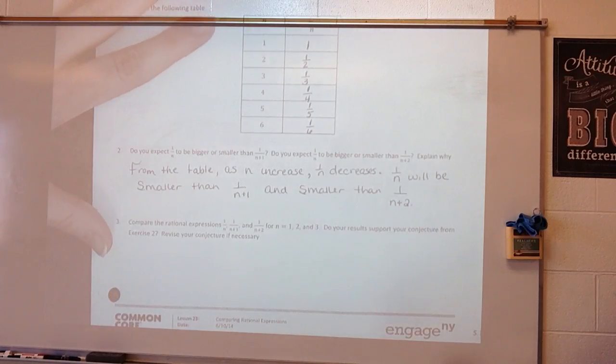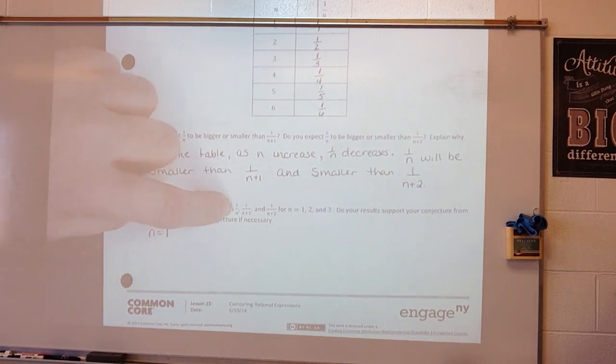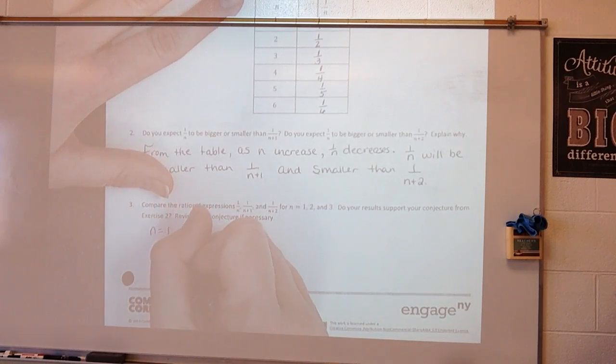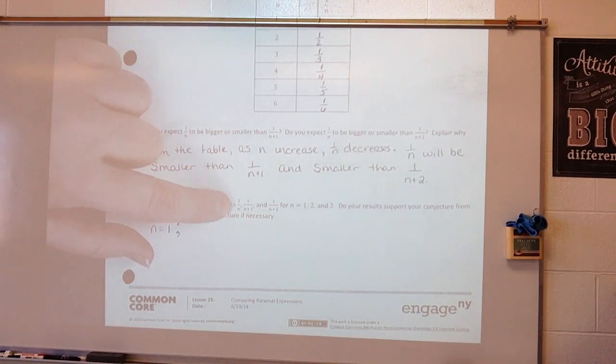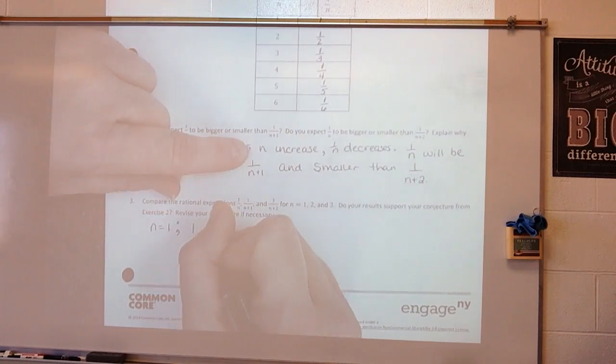So if n equals 1, this is what I got. So I get 1 over 1, which is 1. I get 1 over 1 plus 1, which is 1/2.